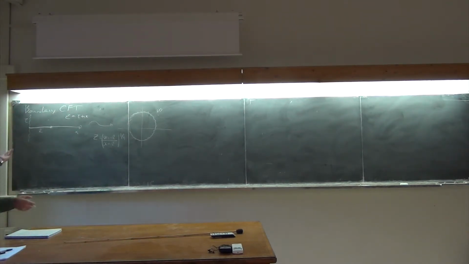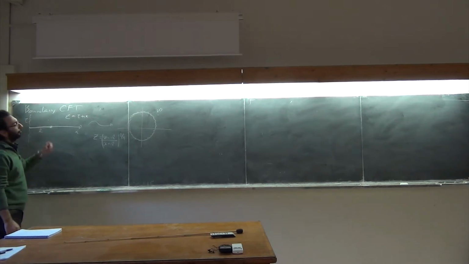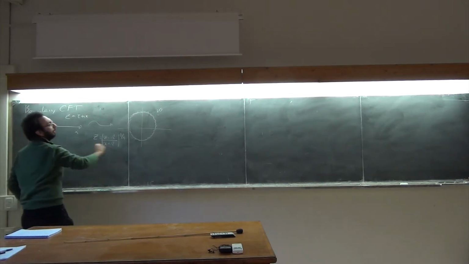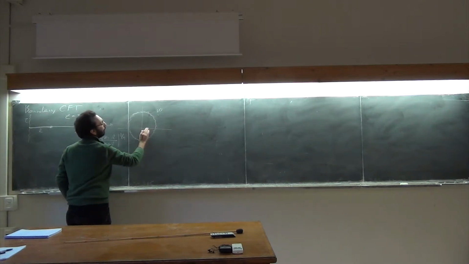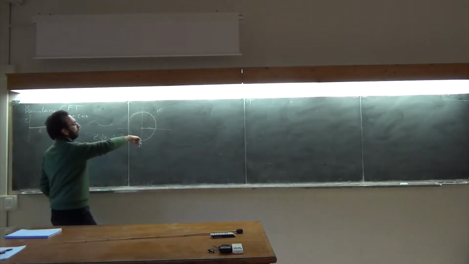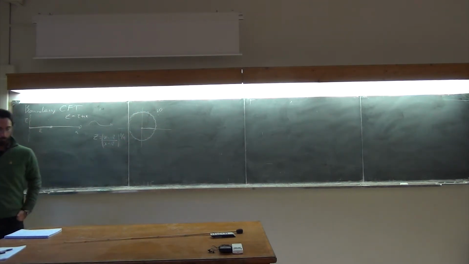This is just reproducing what we have done before. Basically we are sending the interval here into something starting from the boundary here, and the boundary is sent to the unit circle.